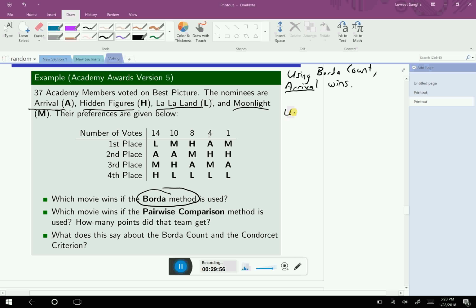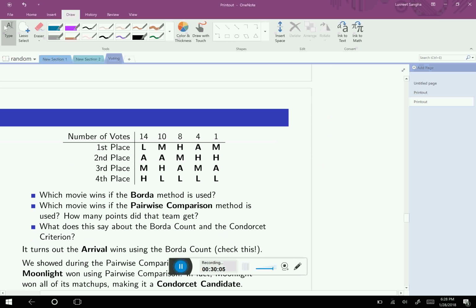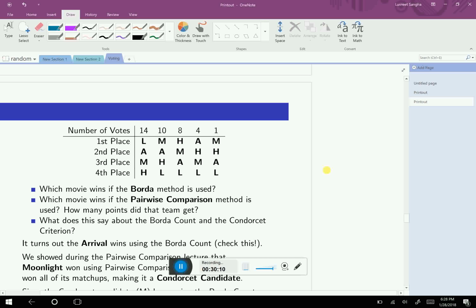Let me just refer to my slides. Okay. So what we said before is that Arrival wins using the Borda count. And when we had that lecture on pairwise comparison, we got that Moonlight won using pairwise comparison. Let me write that up here.